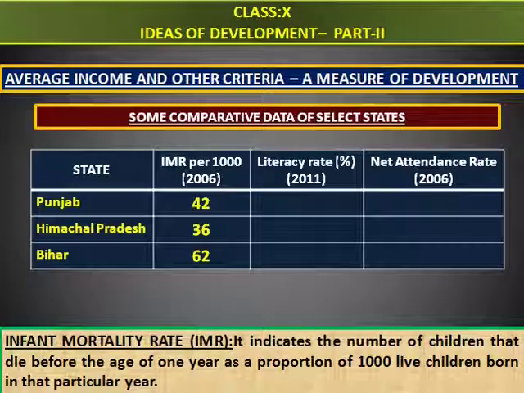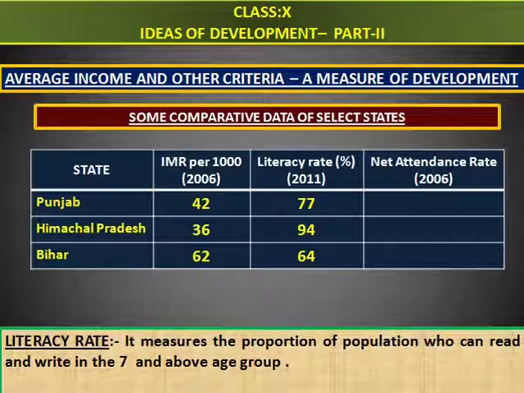Best is Himachal Pradesh. Literacy means anybody who can read and write at the age of 7 and above is counted as literate, otherwise illiterate. Again, Himachal Pradesh has a high literacy rate of 94.